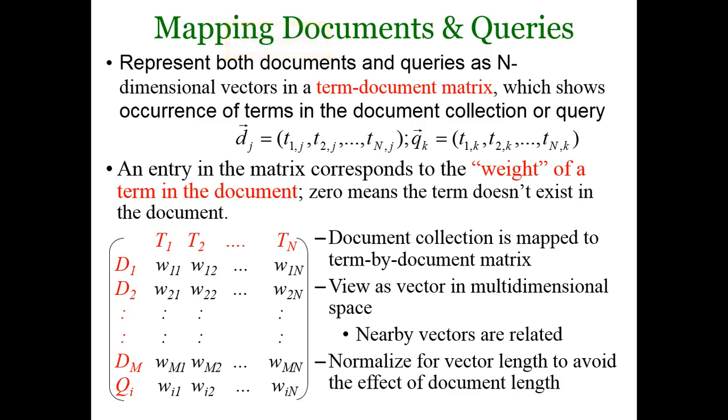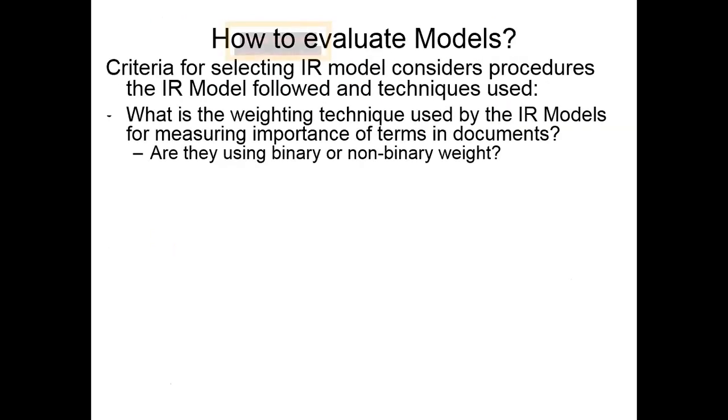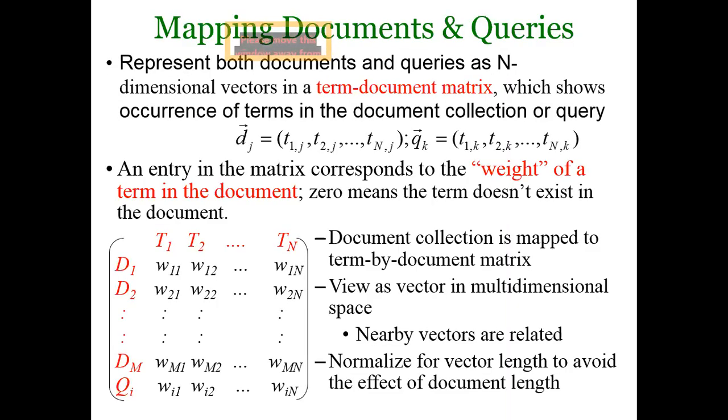In general, we have a list of terms in our index file. Take all the index terms, then take all documents plus queries, then internally weight them by looking at how the term appears in each document. But the frequency that we take depends on whether we are using binary or non-binary weight.